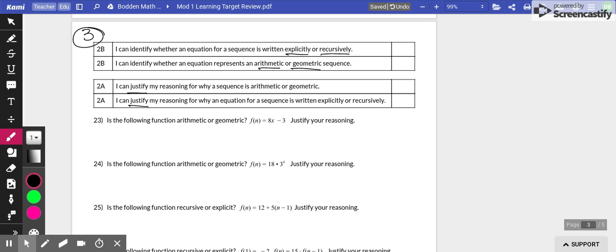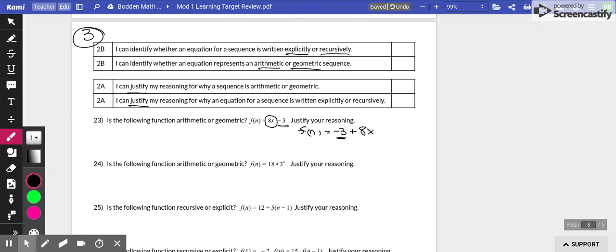Number 23, is the following function arithmetic or geometric? So what I see here is I see the value of 3, and then I see this 8 times x. So another way to think of this, I could write it like this and say negative 3 plus 8x.